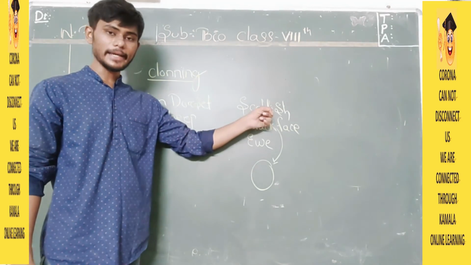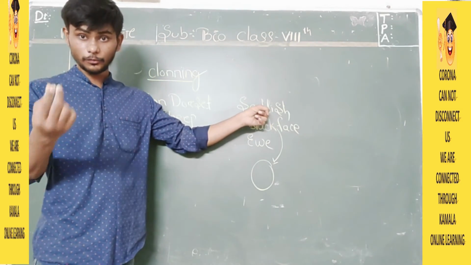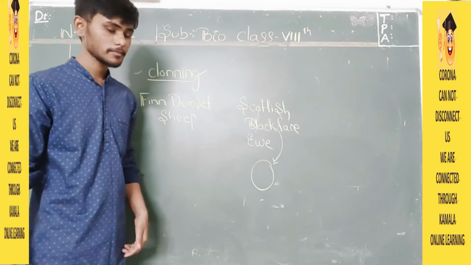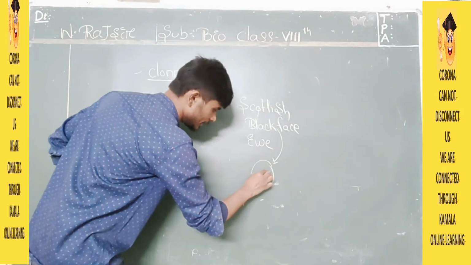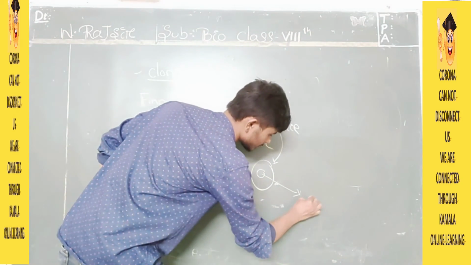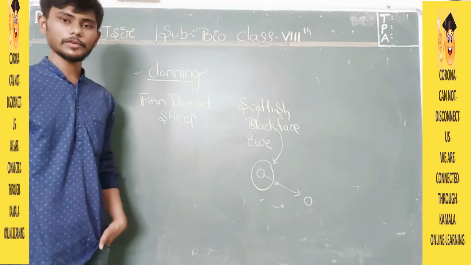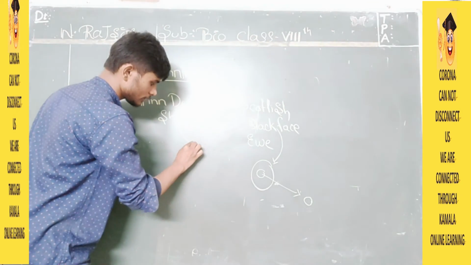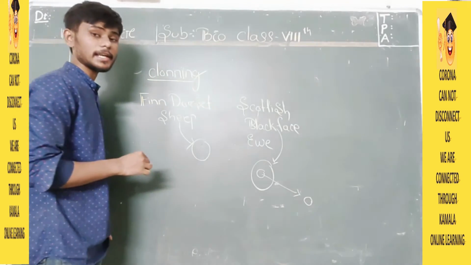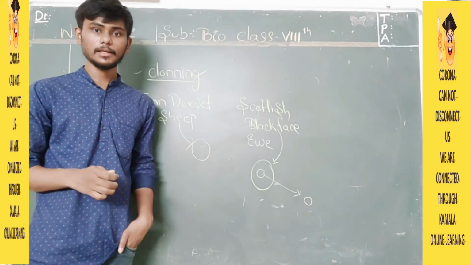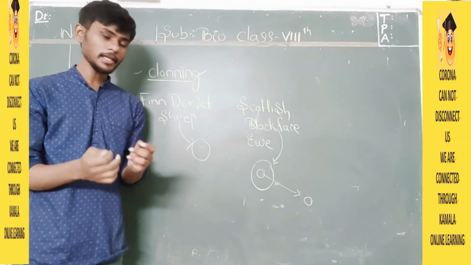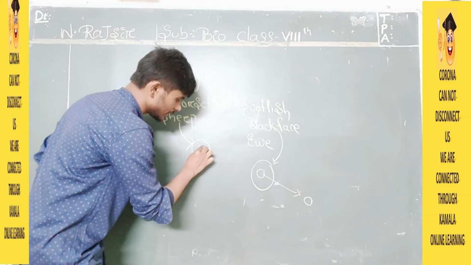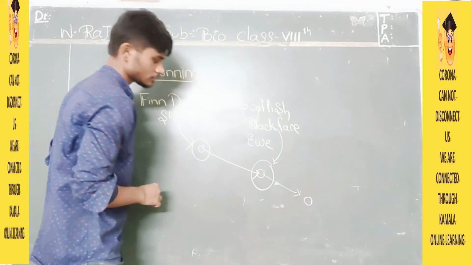Scientists took the egg cell, means the ovum cell, from the Scottish black-faced ewe. It is a female. After taking this egg cell, what did they do? They removed its nucleus. From the Finn Dorset, they took mammary gland cells, the milk gland. From there they took cells, and this nucleus they removed and placed here.